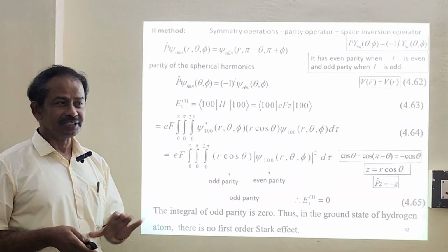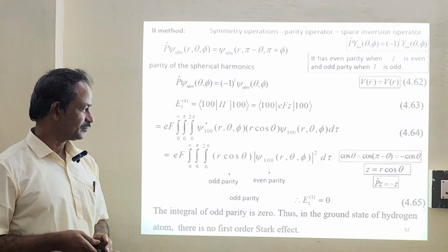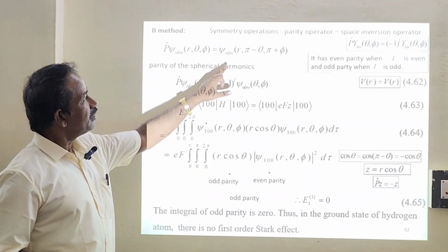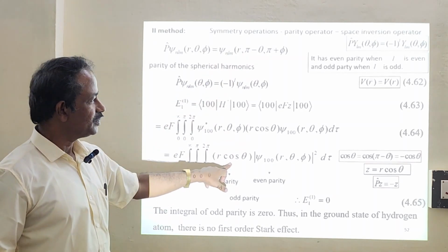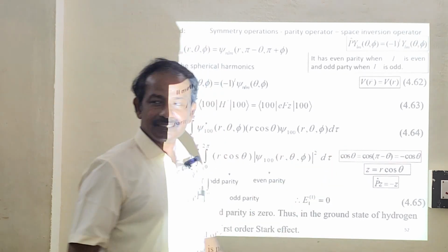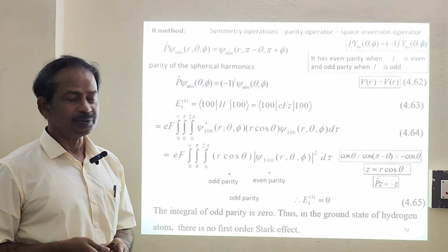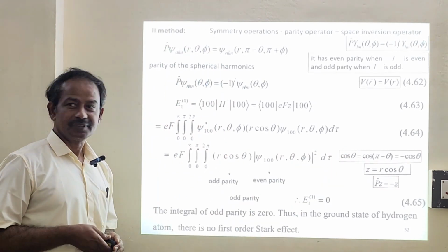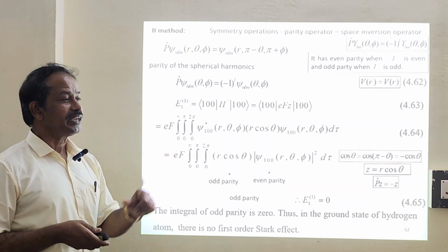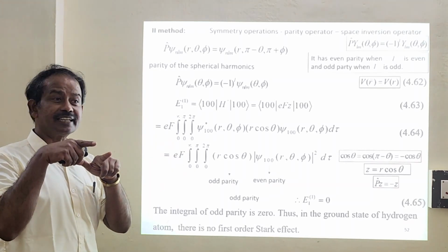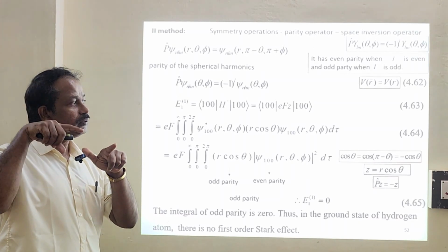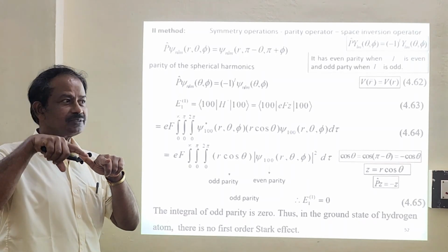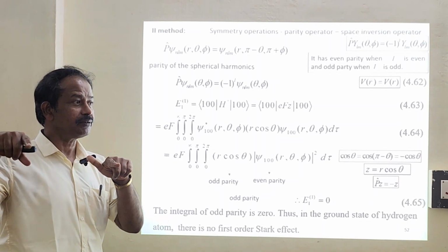Now we operate with the parity operator. You substitute pi minus theta for theta, so cos theta is replaced by cos of pi minus theta, which is nothing but minus cos theta. Cos of pi minus theta falls into the second quadrant; by ASTC, only sine is positive, so cos and tan have negative values.